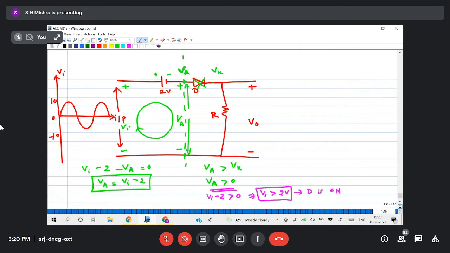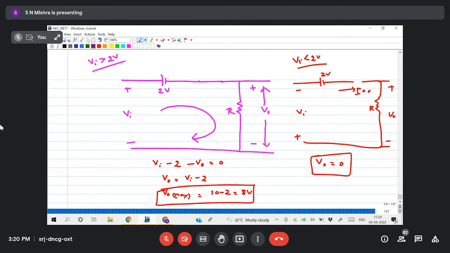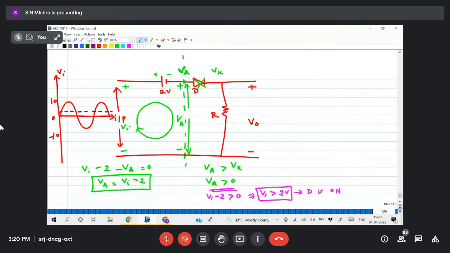Then we have to draw the output waveform. So how will we draw? First you take the line 2 volt, because 2 volt is my condition. Whenever input voltage is less than 2, output voltage is 0.